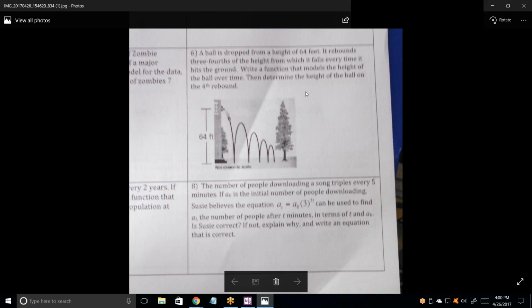But at this point in time, Comcast is super fast. I know because I upload a lot of files to YouTube and I download a lot of files. Uploading is usually the slowest, and they're really fast on uploading and downloading also. But anyway, let's look at number 6 here.